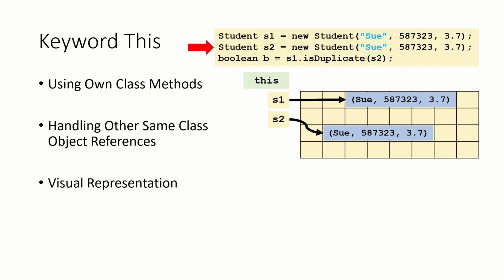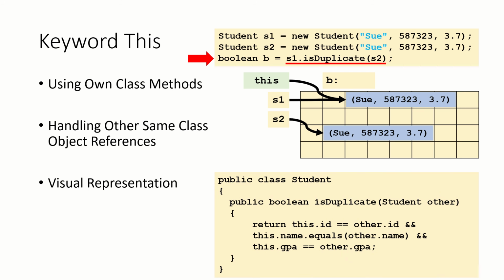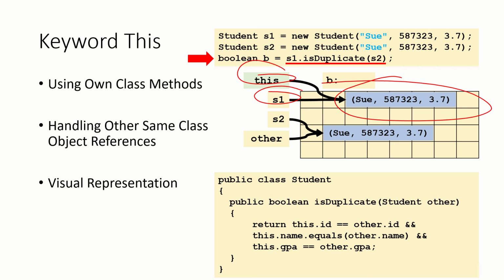Then we use S1 to call the method isDuplicate. Because this is S1, this stands for this object. The object reference points to the same object.